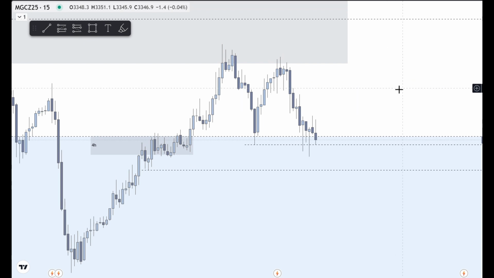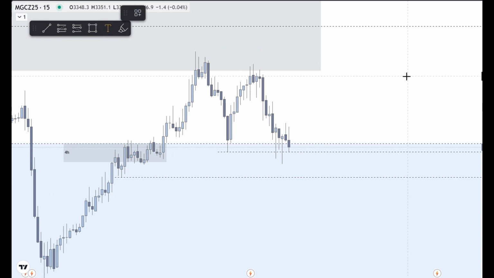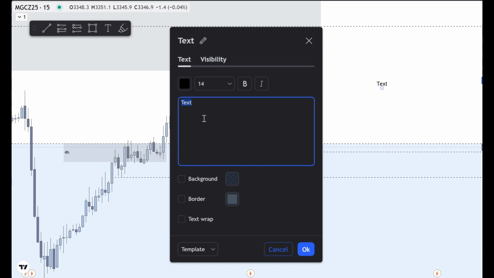So if you are doing your analysis on the daily, you should know that the daily is paired with the 15 minute for the entry. Now, every trader trades very uniquely.